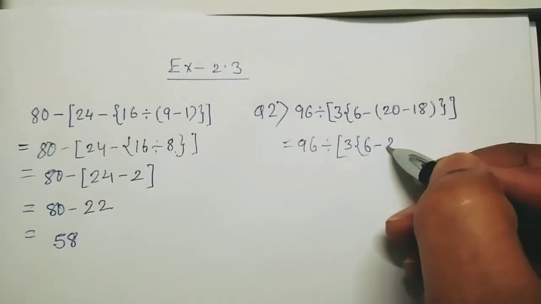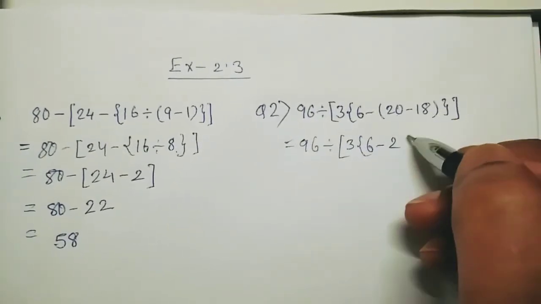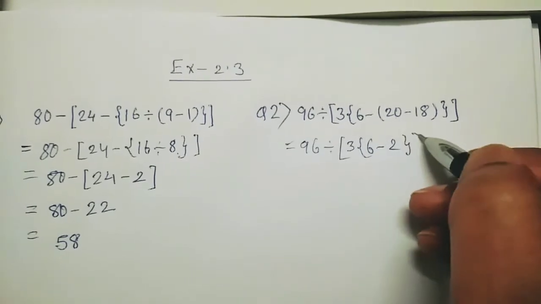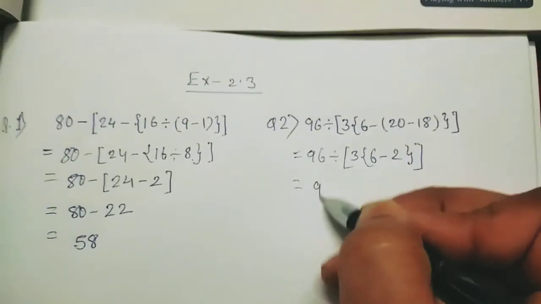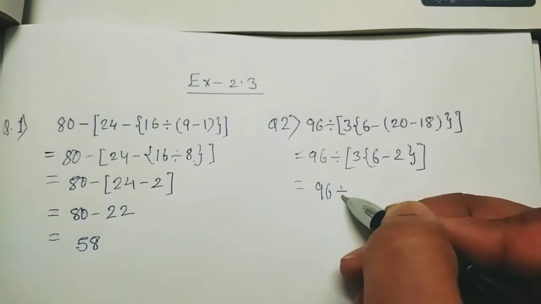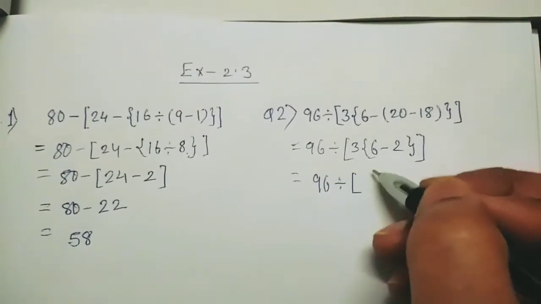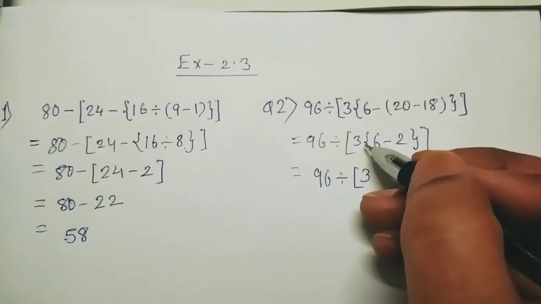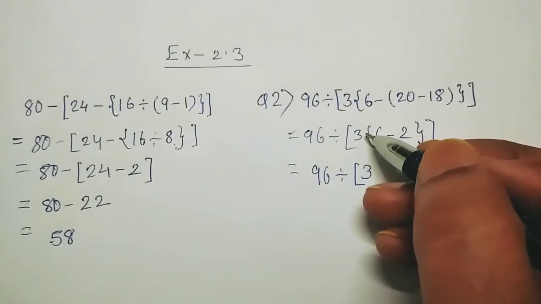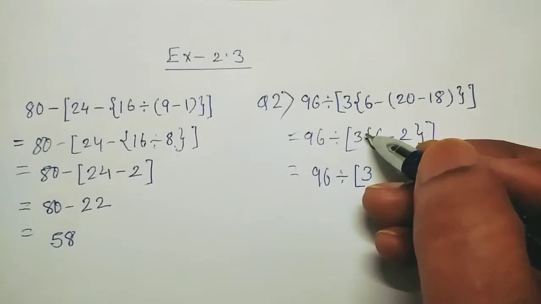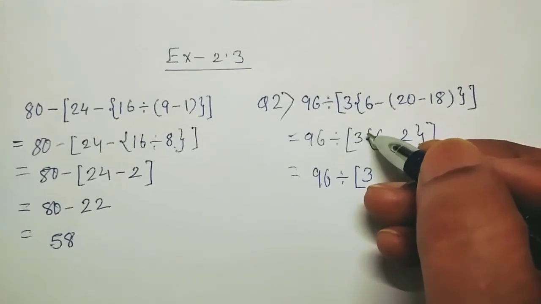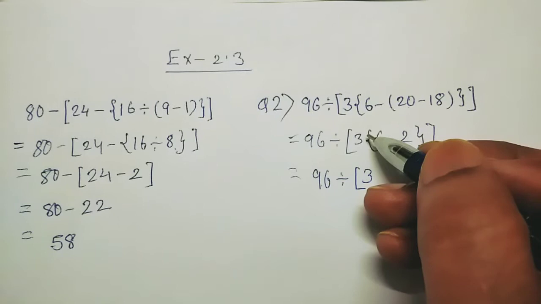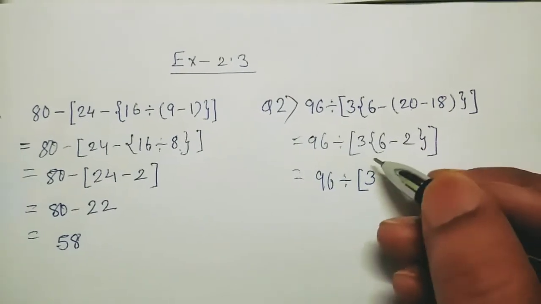It is what? 2. Okay, now this small bracket is gone, give the curly bracket like this. Now 96 divide, now you can see we have to solve this curly bracket. So here 3 you have to write, and see, always remember after 3 there is no sign. That means if there is no sign after any number, you will treat it as multiplication.